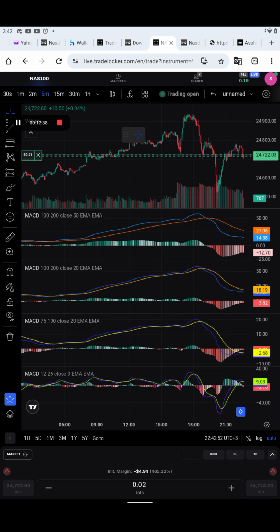All right, let's scroll back real quick. That's what I'm saying. You see, I'm just trying to see, when do those go? Because right here, the MACD 75 crossed already. So here you go.